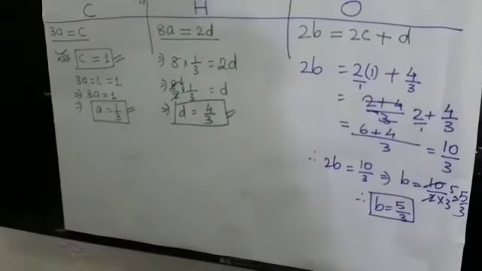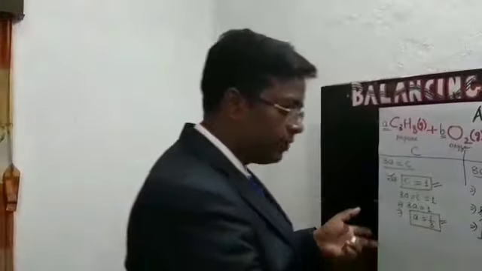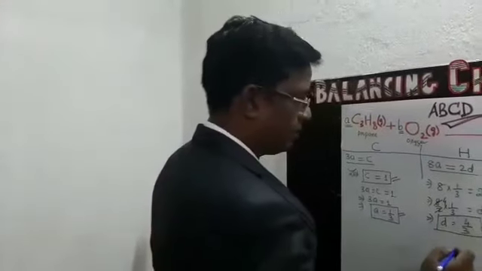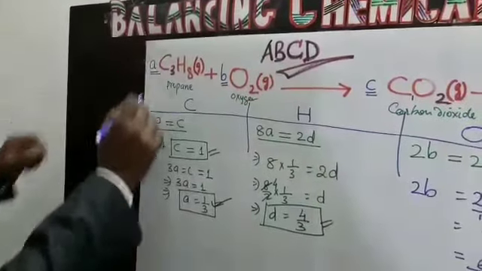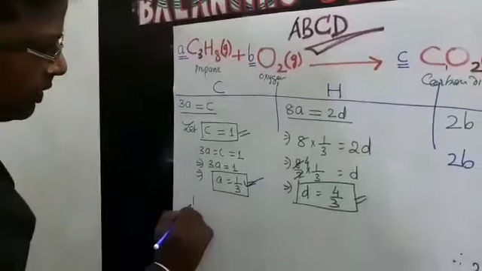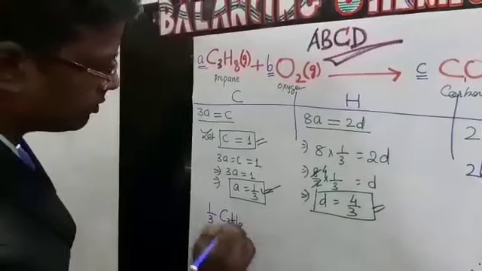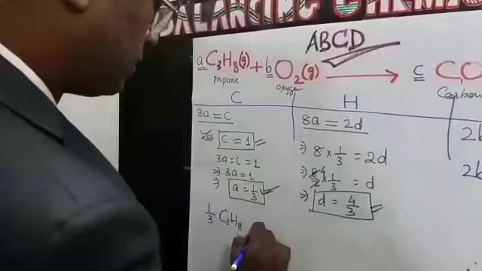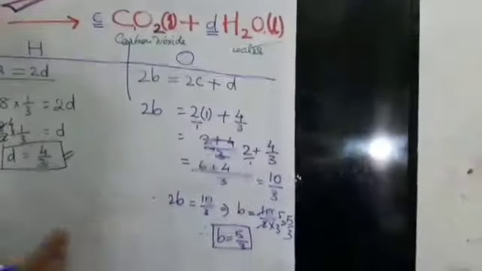Now we have found out the values for all the variables. Let's summarize here. A equal to 1 by 3, we'll put here, so it becomes 1 by 3 C3H8 plus B. What is the value of B? We have sorted out B as 5 by 3.